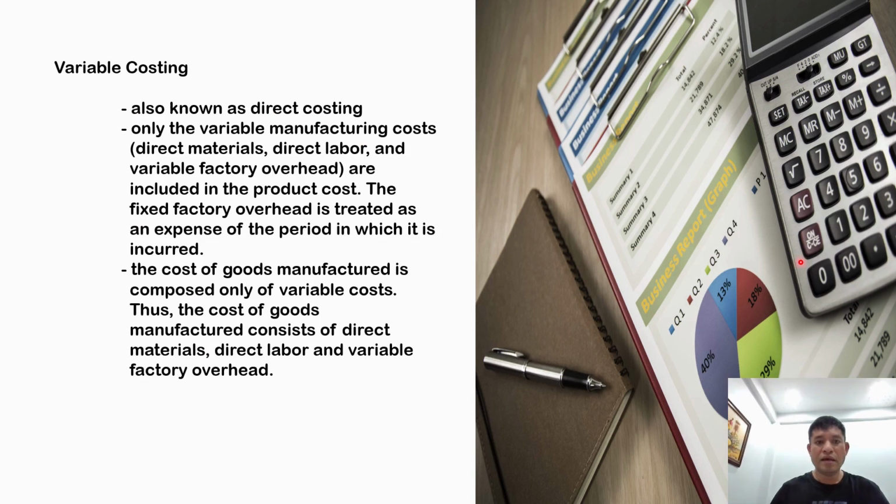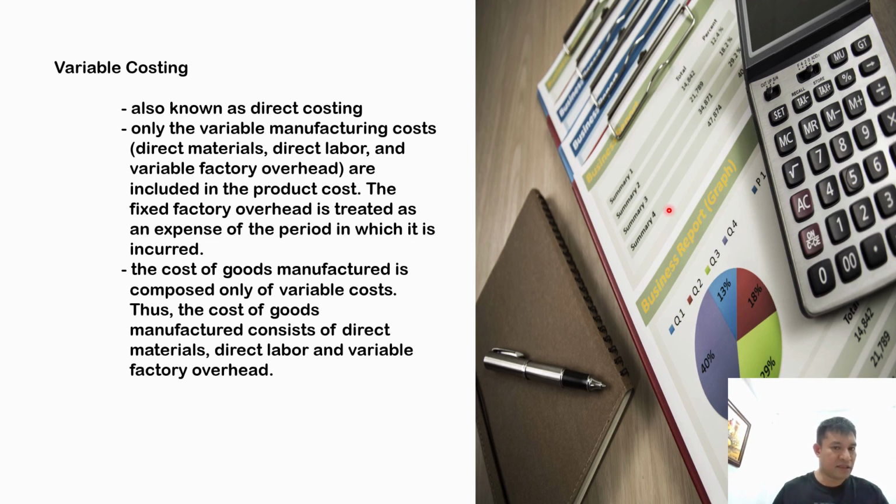Moreover, one method of reporting variable and fixed cost is called variable costing, also known as direct costing. Under variable costing, only the variable manufacturing costs, direct materials, direct labor, and variable factory overhead are included in the product cost.